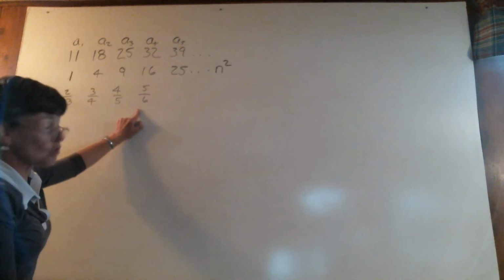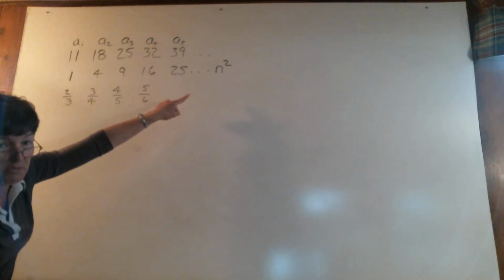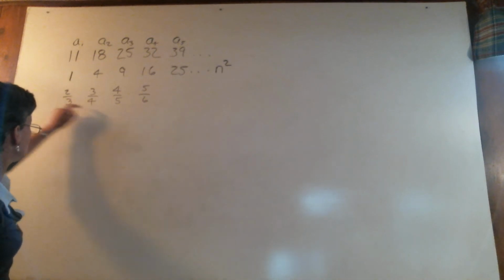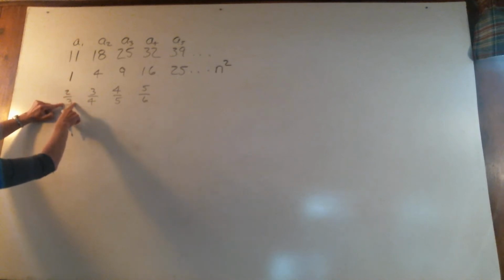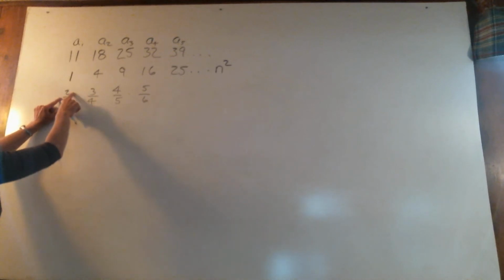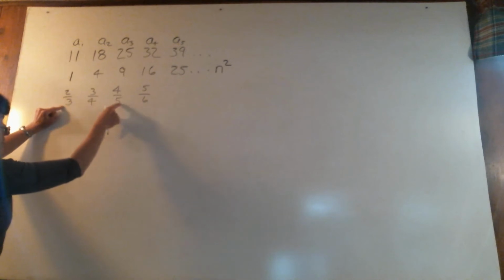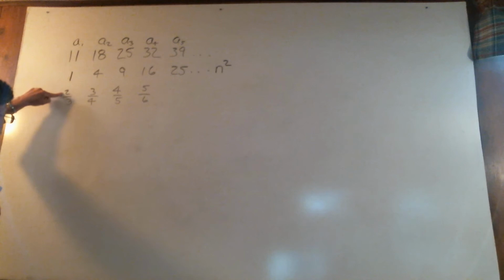This one might be a little harder to write a formula for the nth term, but you can see that each numerator is one less than its denominator. And in each fraction, the numerators go up by 1 and the denominators go up by 1. So really, this is my first term.